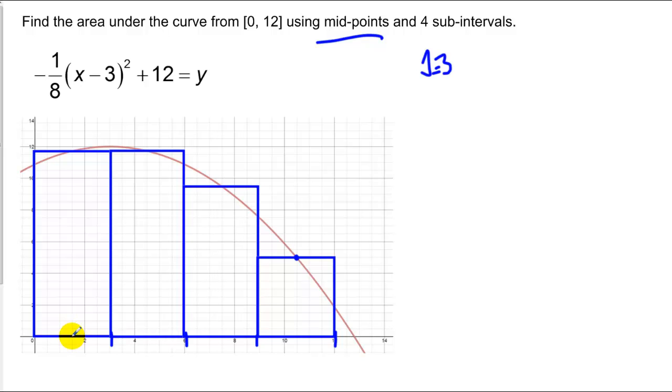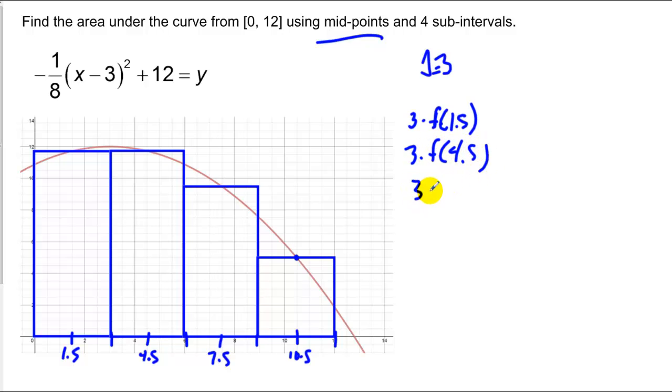So in this case, I'm at 1.5, 4.5, 7.5, and 10.5, which means I need to calculate my areas of 3 times f of 1.5, 3 times f of 4.5, 3 times f of 7.5, 3 times f of 10.5. Then I'll add those all together again.